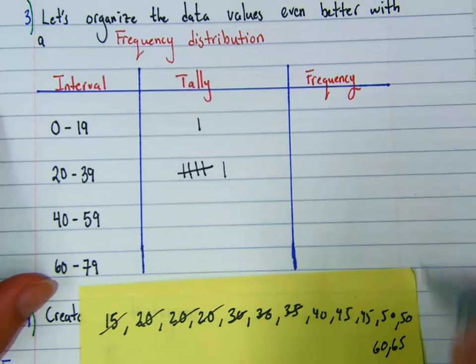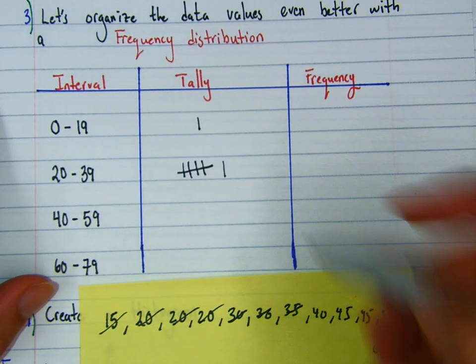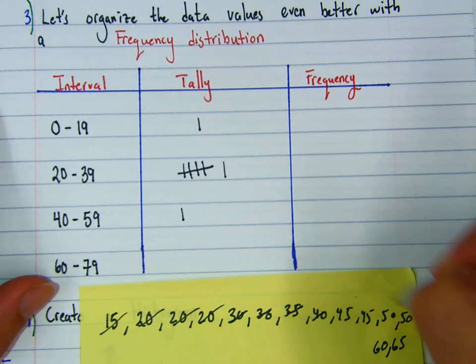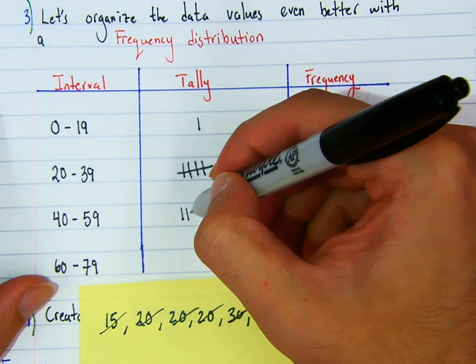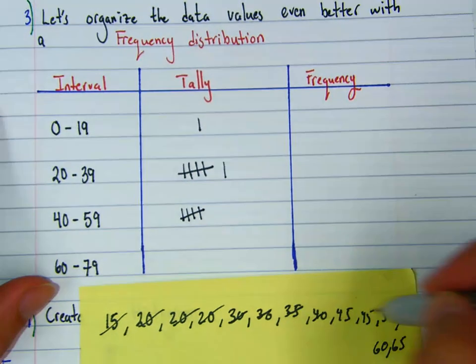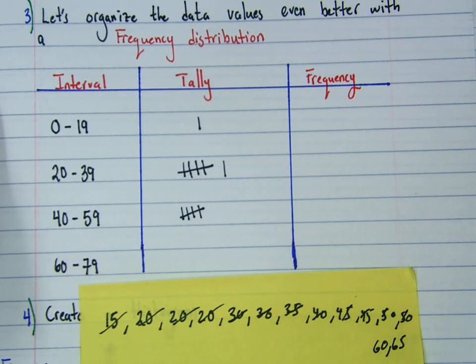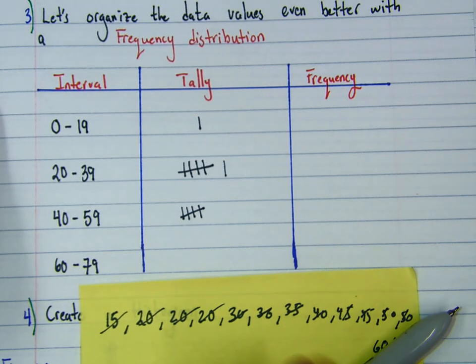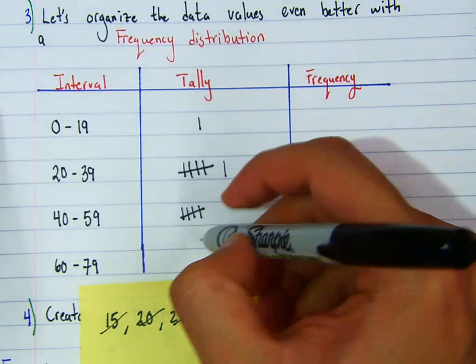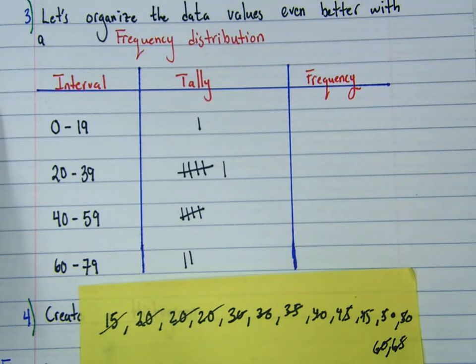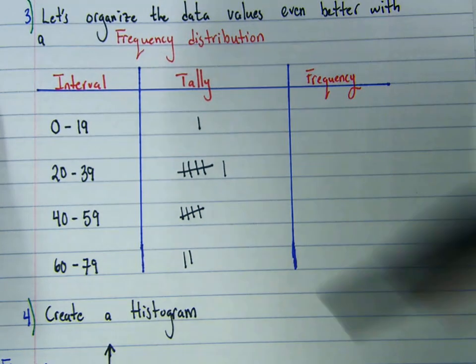And now 40, what happens with 40? 40 goes here. 45, 45, 50, 50. So 2, 3, 4. And then the 60 and the 65 right here. Hold on one second. Bam, bam.